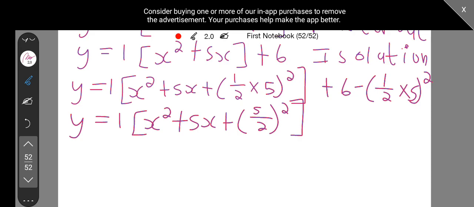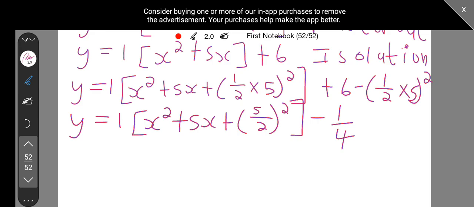Okay, so we're going to do all that is outside the brackets. It's positive 6 minus 1 over 2 multiplied by 5, squared, and that gives us negative 1 over 4. So you are going to write minus 1 over 4.